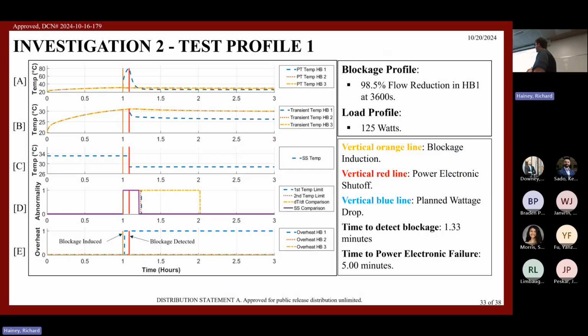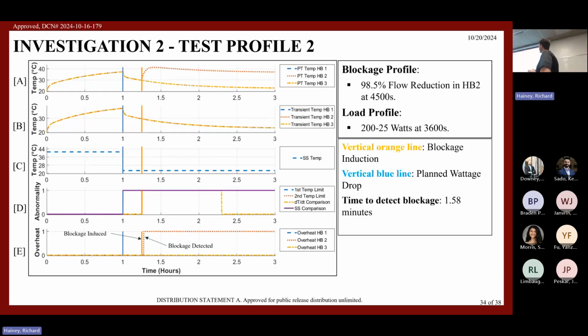In this case, it was able to detect it about 1.33 minutes after the blockage was induced. However, the time to the blockage or electrical power failure in the converter here was about 5 minutes. You have a few minutes to spare to perform maintenance or mitigate the potential damage to the converter.